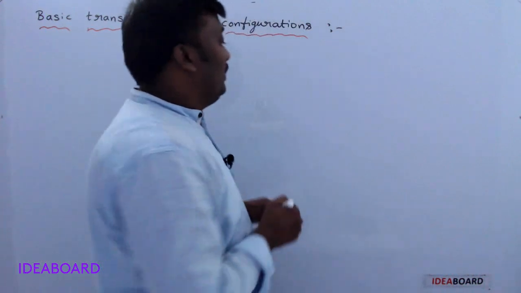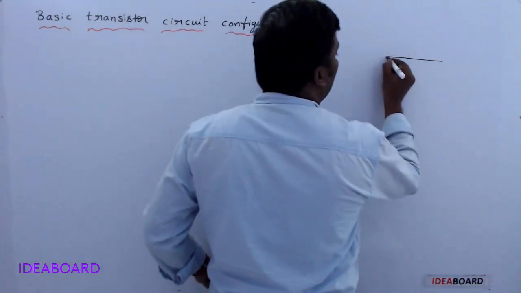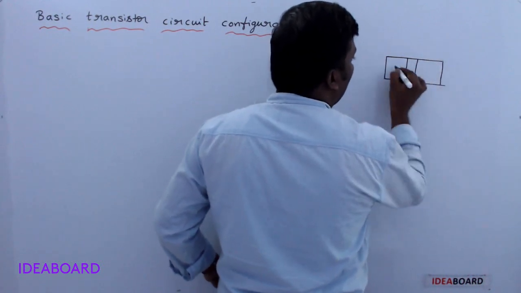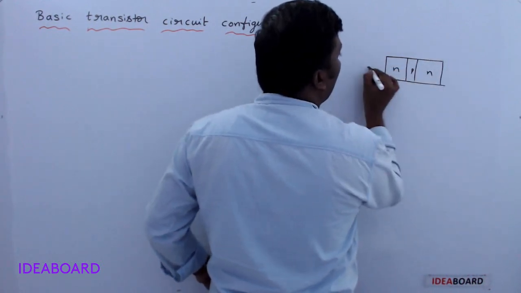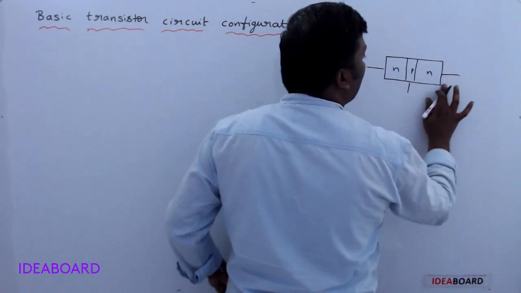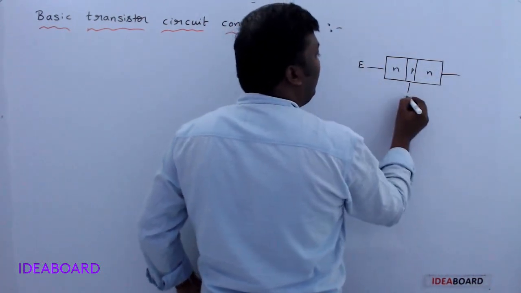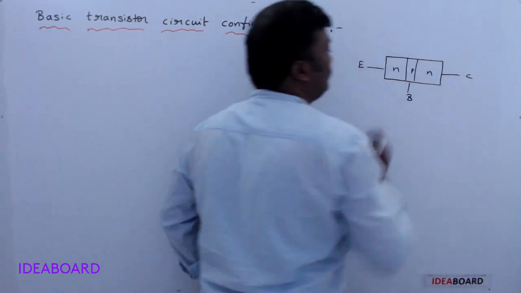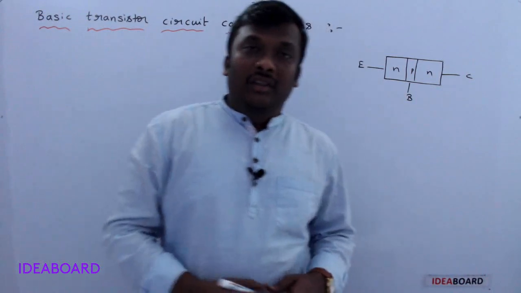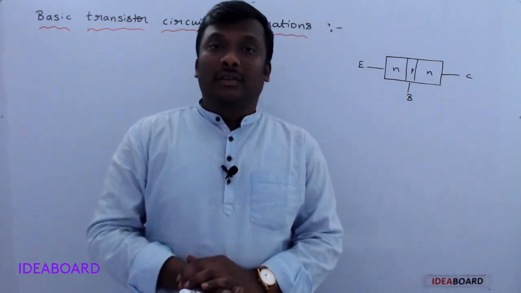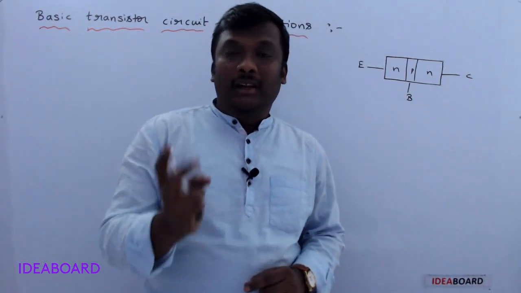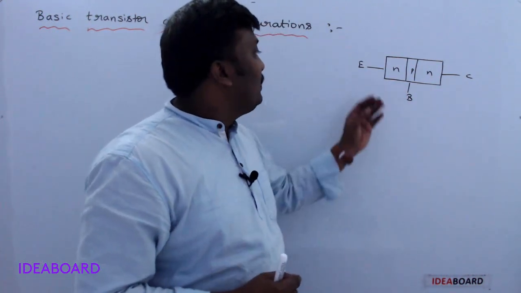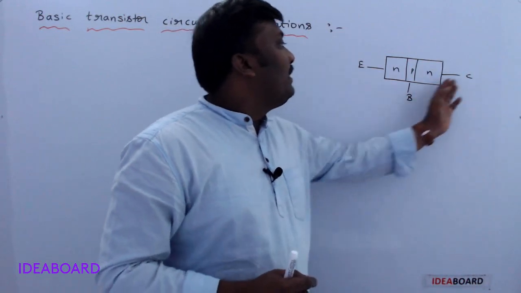But for a transistor, we know there are only three terminals: emitter, base, collector. So in any circuit, for input we require two terminals and for output we require two terminals, but in a transistor only three terminals are available.